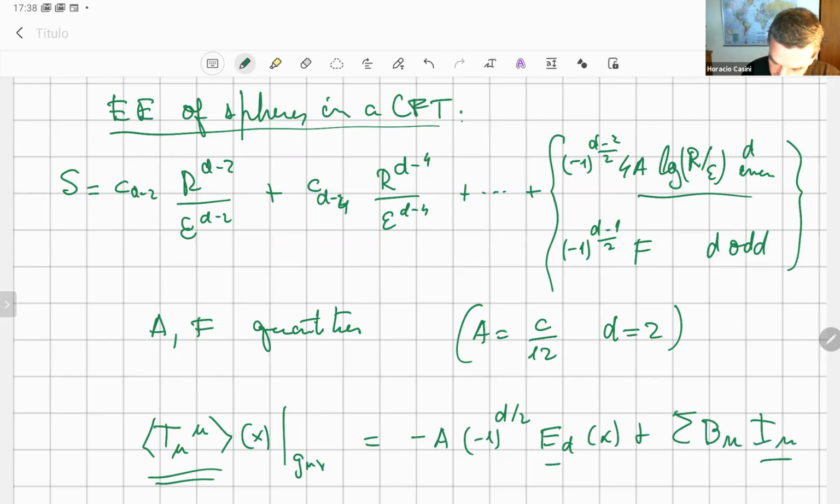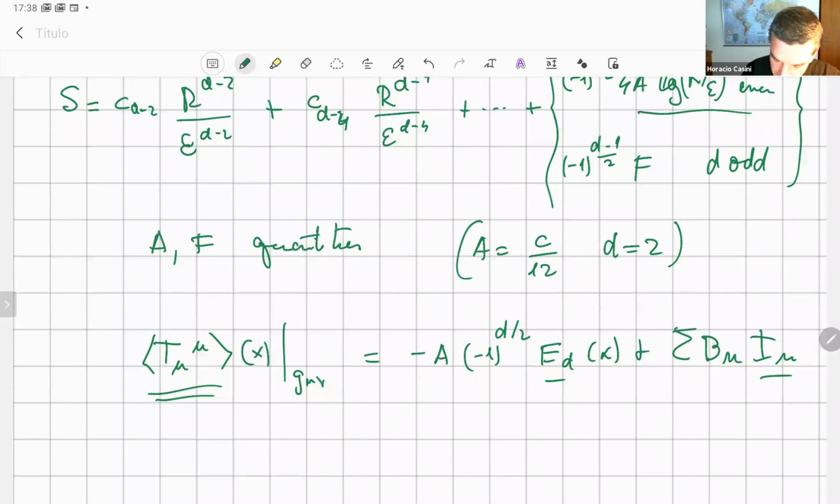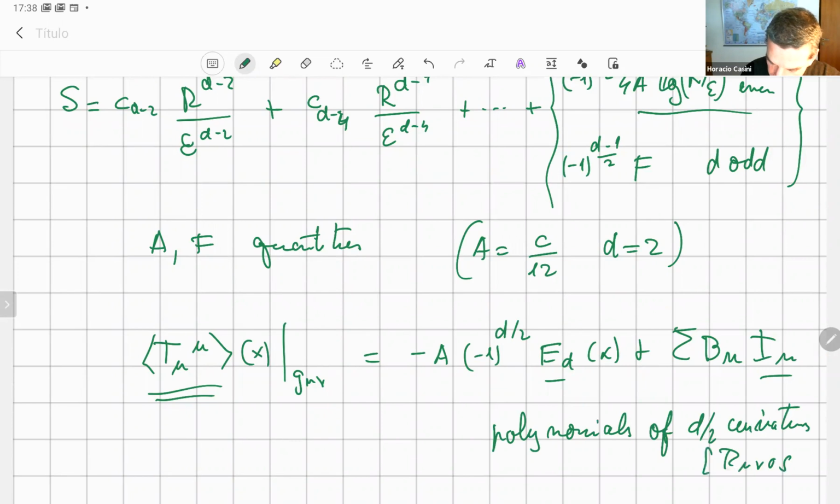Where these and these are polynomials of the curvature, so they are polynomials of D over 2 curvatures, because the R mu sigma delta has dimension 2.